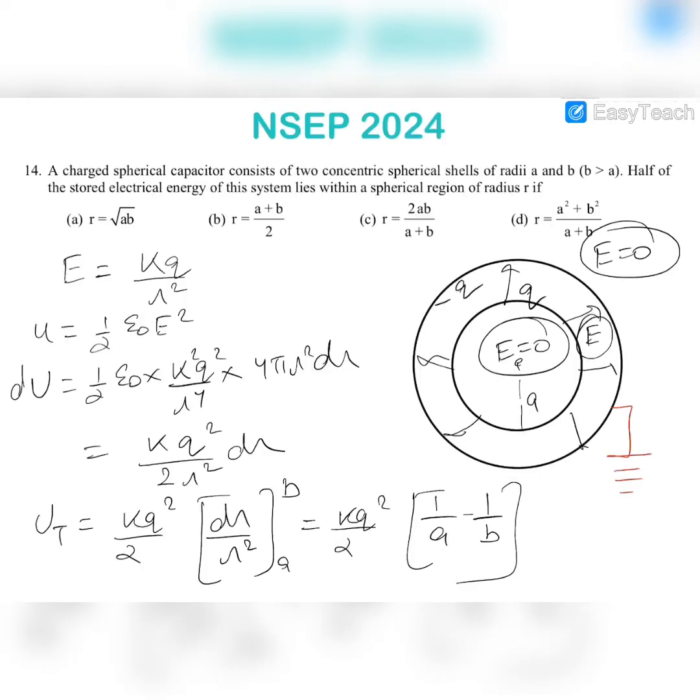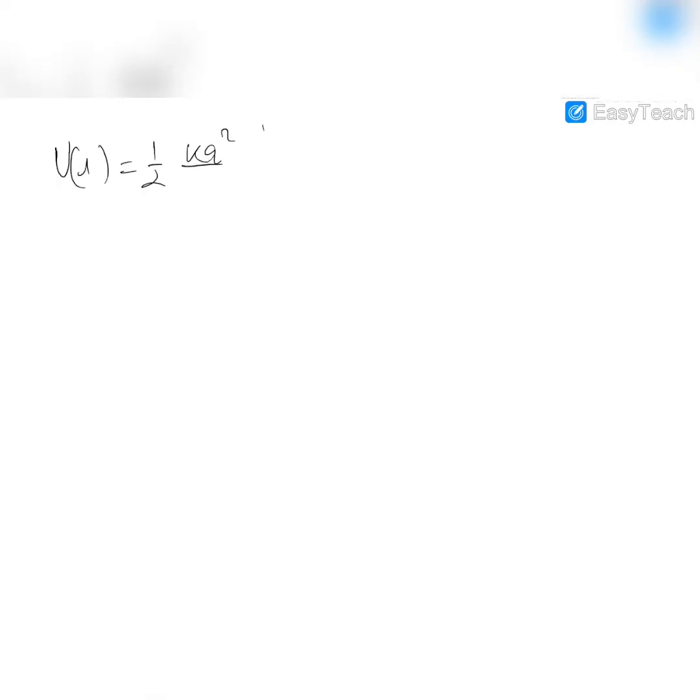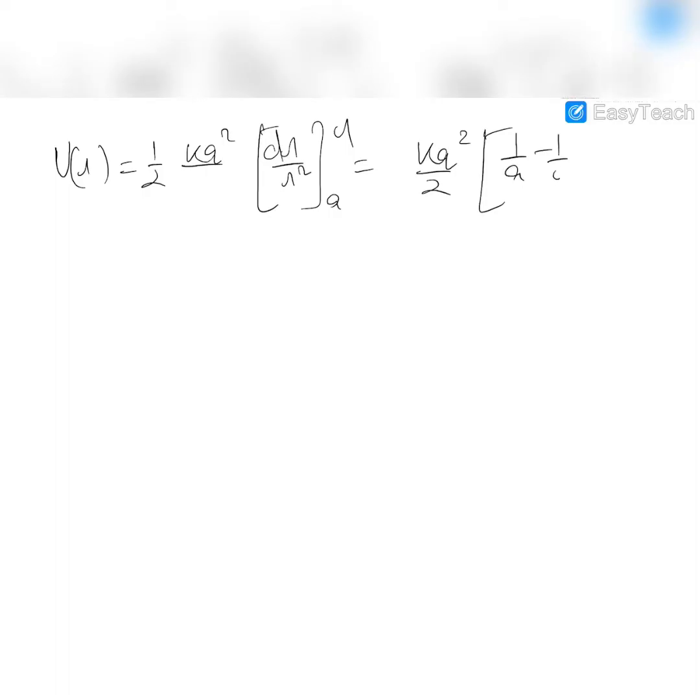Now if we find the energy stored till distance r, it would be half kq square times the integral of dr upon r square, with the limit from a to r. Then it would be kq square by 2 times 1 upon a minus 1 upon r.